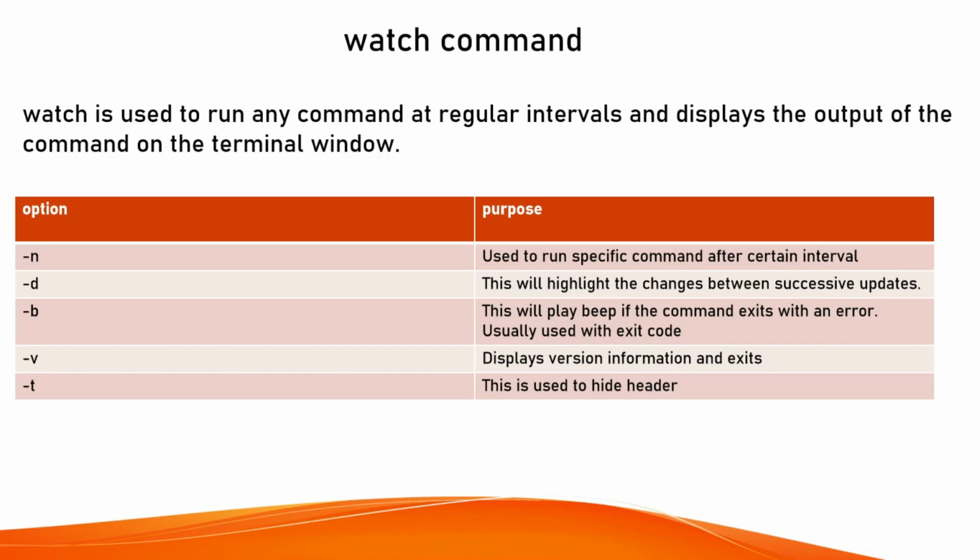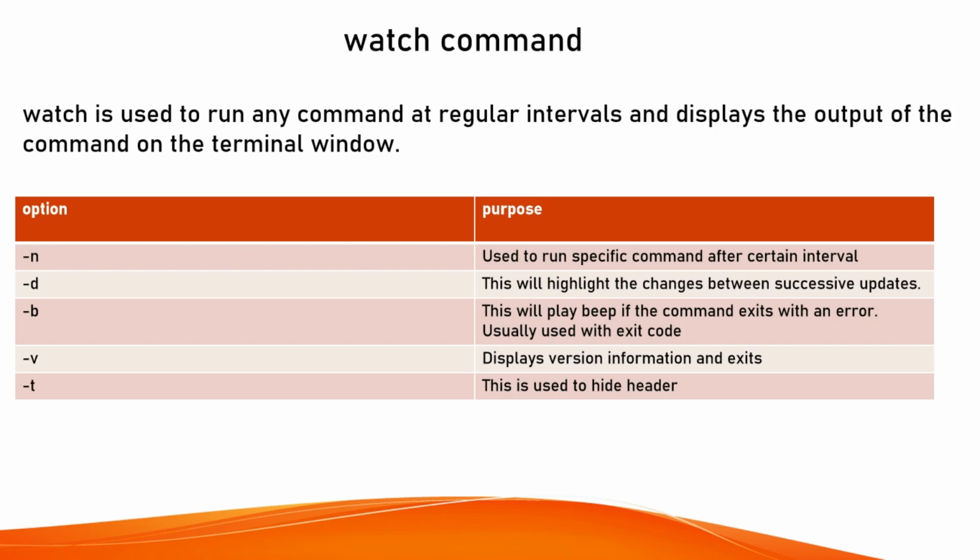Here are the options you can use with the watch command. So minus n option is used to run a specific command after a certain interval. Suppose I want to run the ls command after every 10 seconds, so I will write watch minus n 10 and then ls. That means after every 10 seconds the ls command will execute.